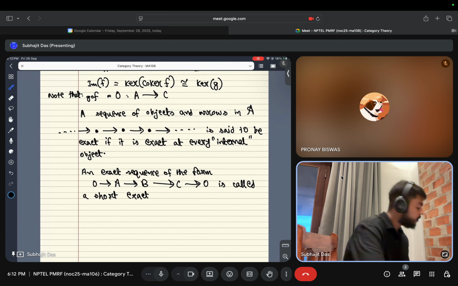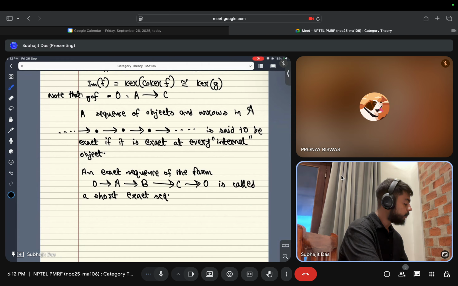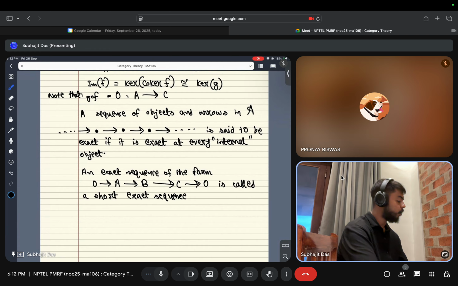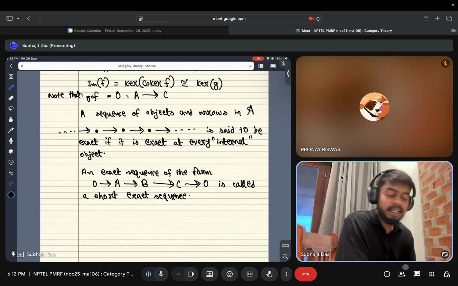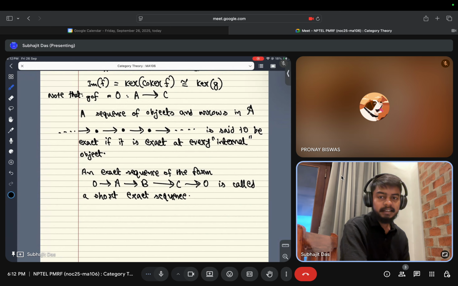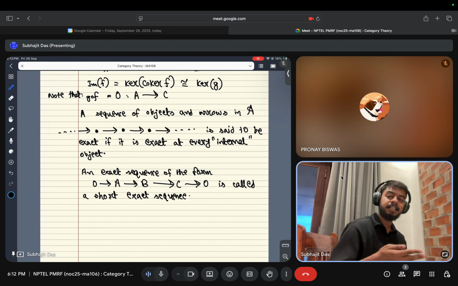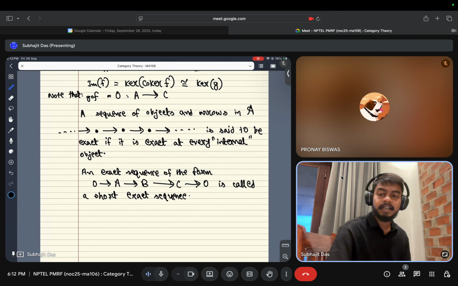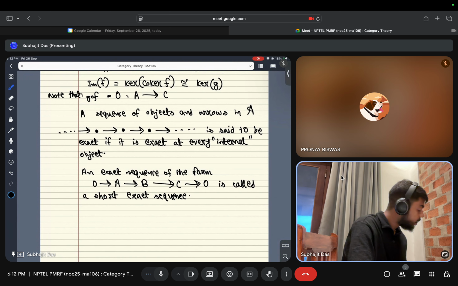I'm sure all of you have seen what this means in more detail. This is rather equivalent to certain conditions on the map from A to B and the map from B to C. So we won't repeat all that.